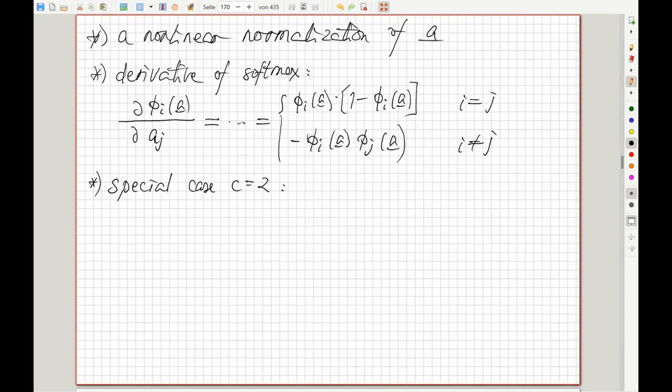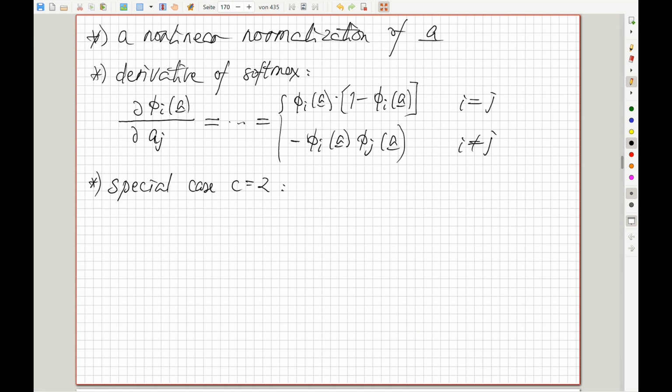But I'll show you in the next few minutes that for this special case, you can replace the 2-input, 2-output softmax activation function with an even simpler sigmoid activation function you have learned last time, because the sigmoid activation function has only 1 input and 1 output. This equivalence is only given for the special case of binary classification problem. For more than 2 classes, you always need softmax. For 2 classes, you can use softmax, but most people use the sigmoid activation function.